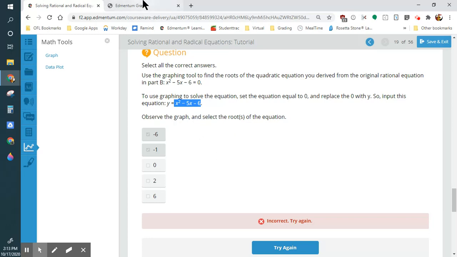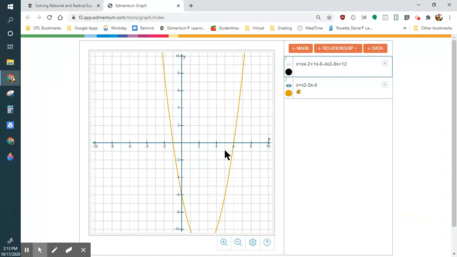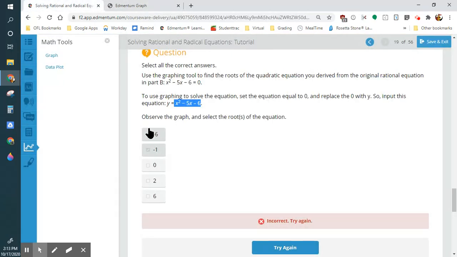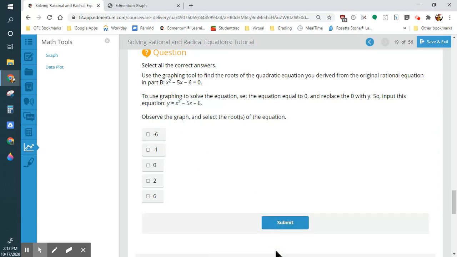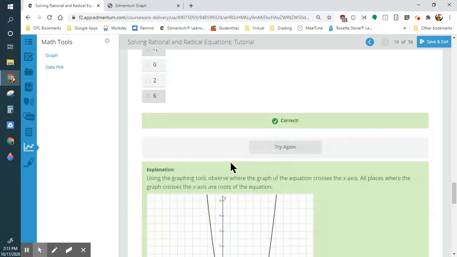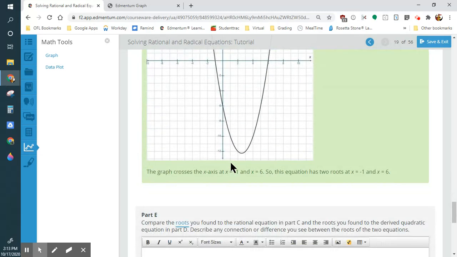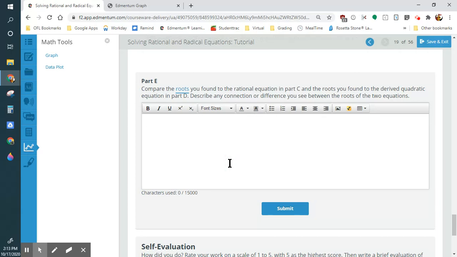Observe the answers. Isn't that the answers? 6 and -1. Use the graph solution. Observe the graph and select the roots. Oh! 6 and -1. I totally didn't see that negative. Ugh. Still tired, guys. I'm sorry.